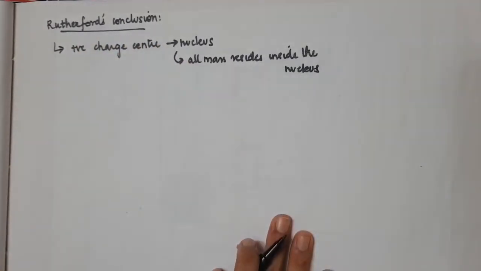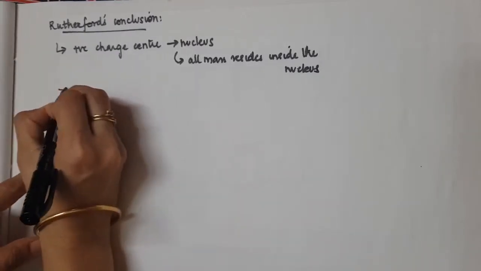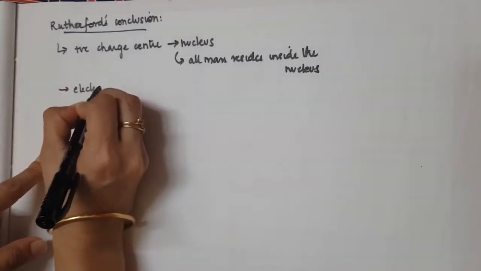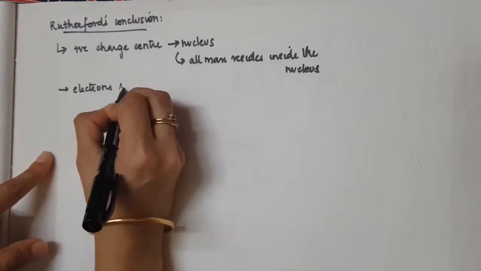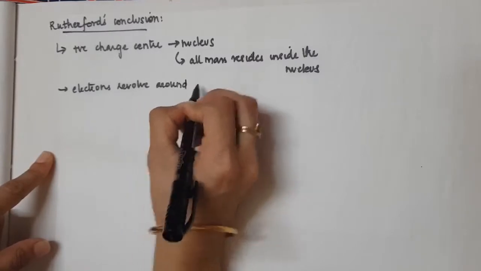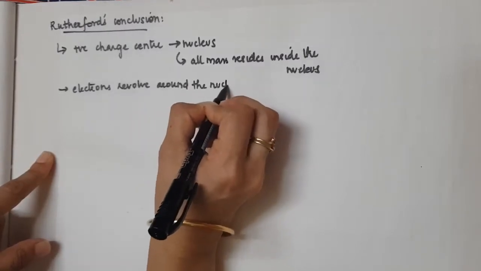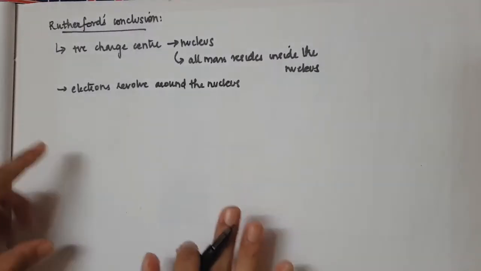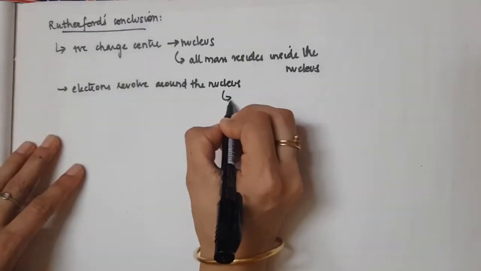He also said that electrons revolve around the nucleus in well-defined orbits.